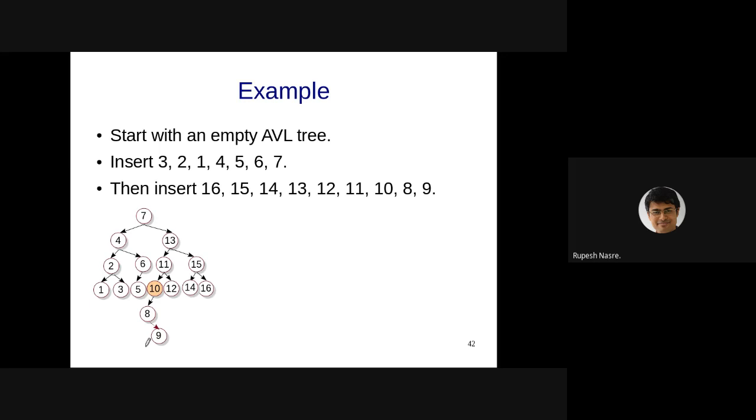When we are at this place, we'll have to do LR, the left rotate first. So the left rotate will make sure that this comes to the top, and 8 becomes its left child. So now 10, 9 and 8 become a left case, and therefore we can do a right rotation at 10. Therefore 9 becomes the left child of 11 with children as 8 and 10.